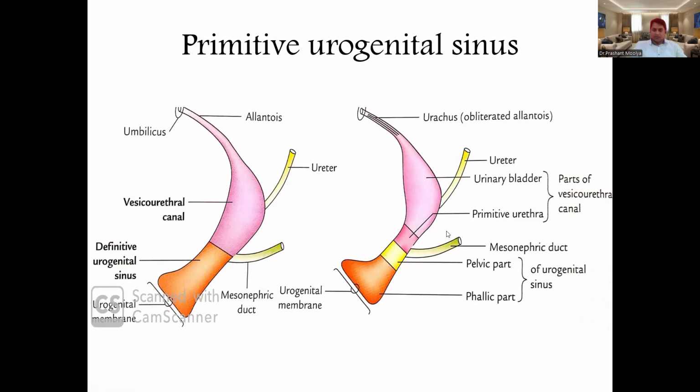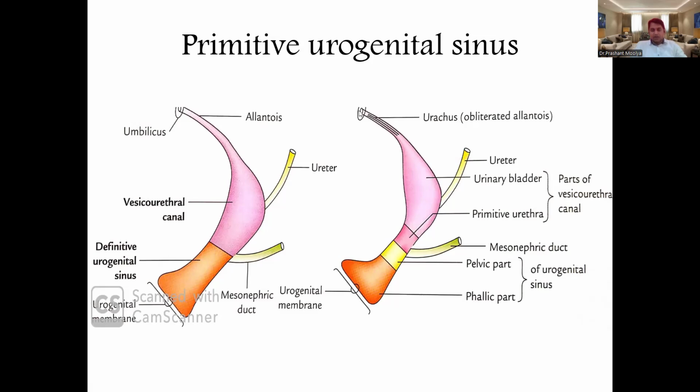Now looking at this, you will find that this part is contributing into the urinary bladder. So the urinary bladder is formed by the vesicourethral canal.